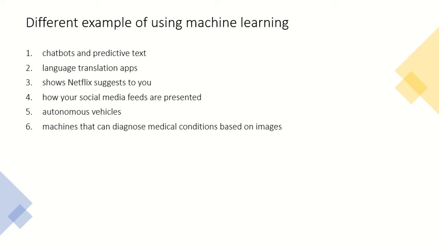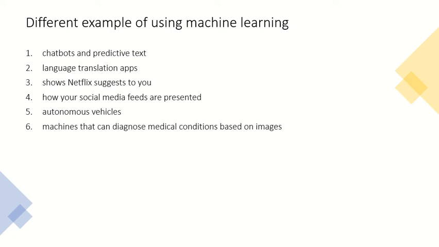I think all people now in the world use translation apps, and it is a normal use of machine learning. Or when in Netflix or other apps or websites, some videos are suggested to us. It is also machine learning based on what we watched before.